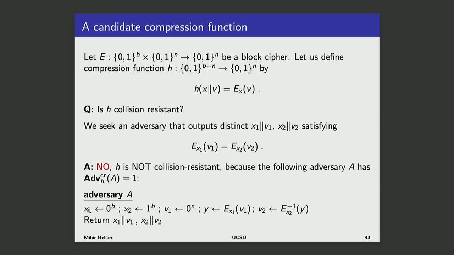Fix some value for X1 and X2 and also V1. So this is determined. And so you run E_X2 inverse and solve for this, and then you've satisfied the equation.